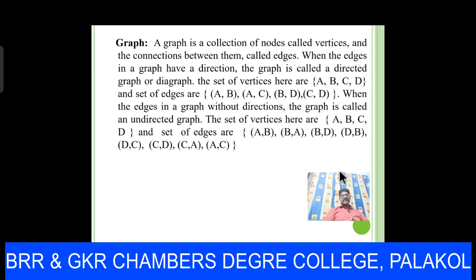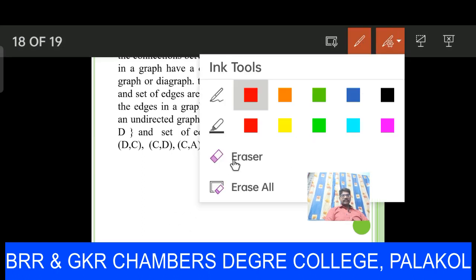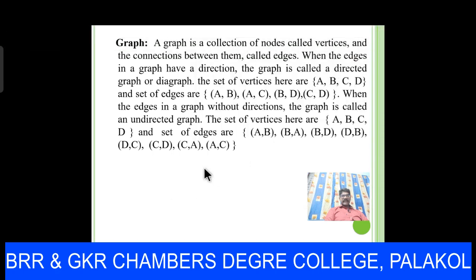And another one is the graph. So we can arrange a graph. Here I am taking different graphs. For example, this is a graph. A, B, C, D are the vertices of the graph.